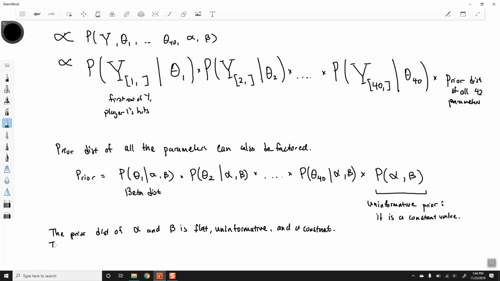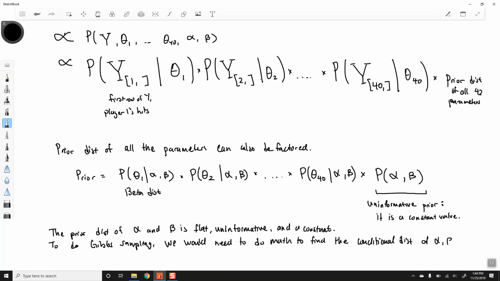To do Gibbs sampling, we would need to do math to find the conditional distribution of alpha and beta, okay?